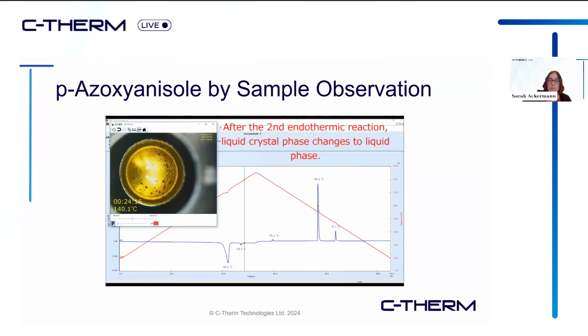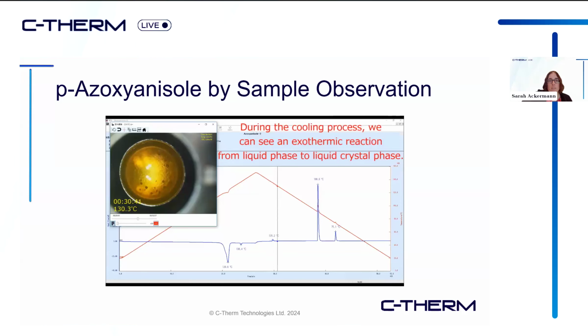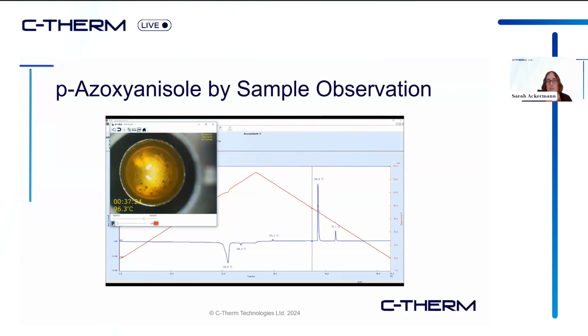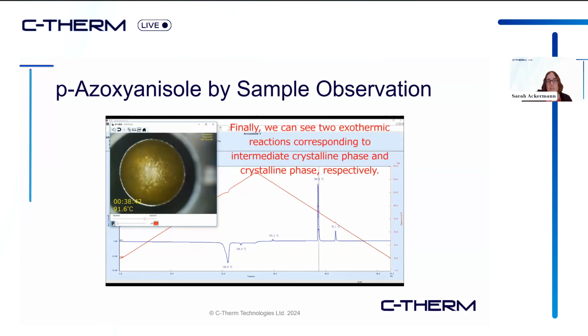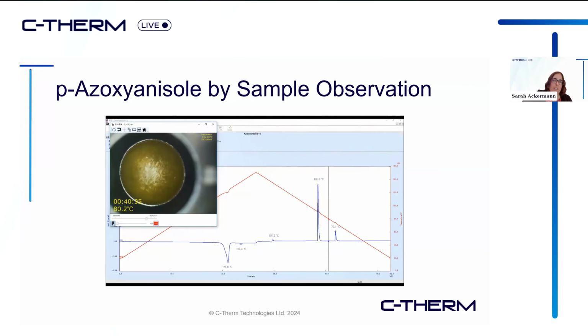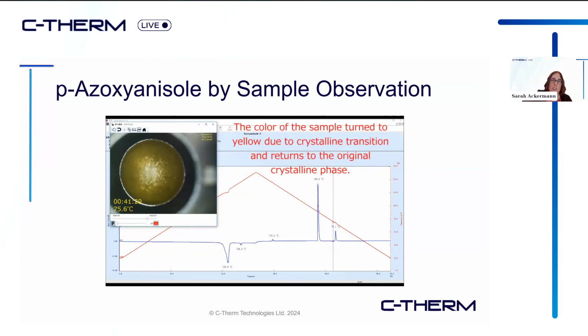My bad, I misspoke. And then as we cool, you can see we have first the transition to a liquid crystalline phase. And then we have two different crystal transitions here. So there's an intermediate crystalline phase and then the final crystalline phase.